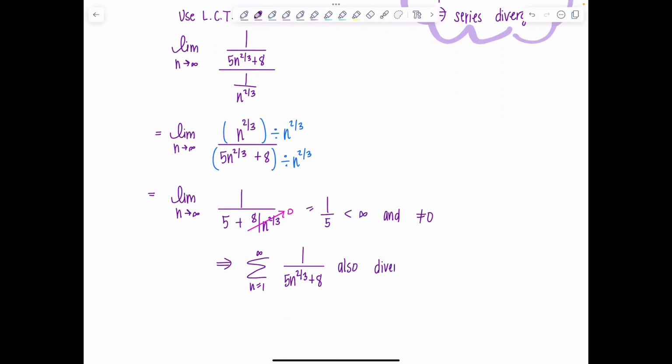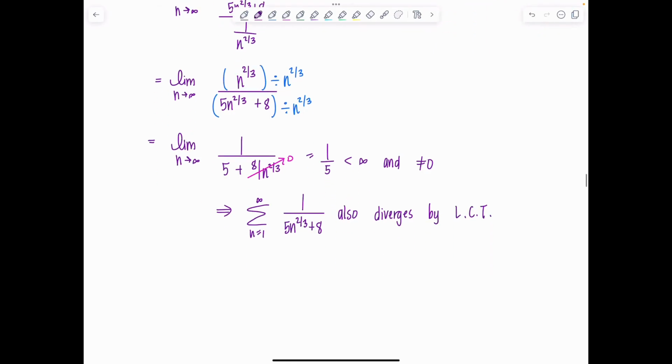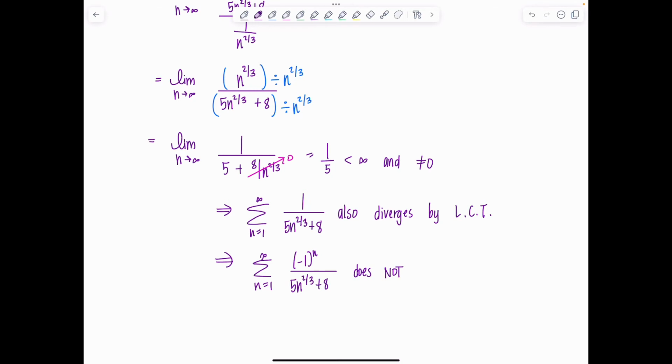Also diverges by limit comparison test. So then I know that my original sum that had that cute little -1 to the n, well, it does not converge absolutely.